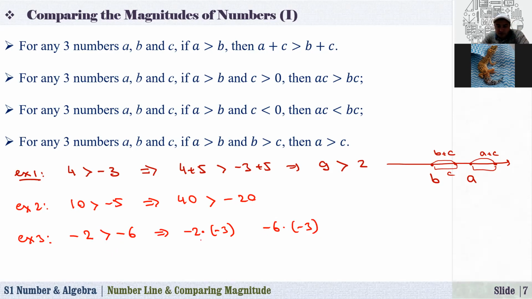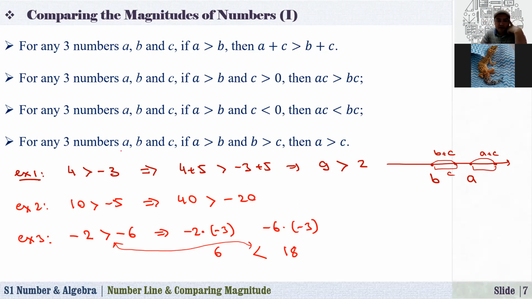So -2 times -3 is 6, and -6 times -3 is 18. 18 is not less than 6; 18 is greater. So 6 is less than 18, and the inequality sign is changing. If we multiply both sides by a negative number, or divide both sides by a negative number, we also need to change the inequality sign.